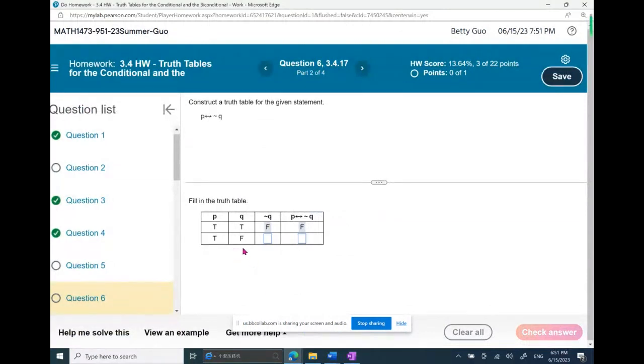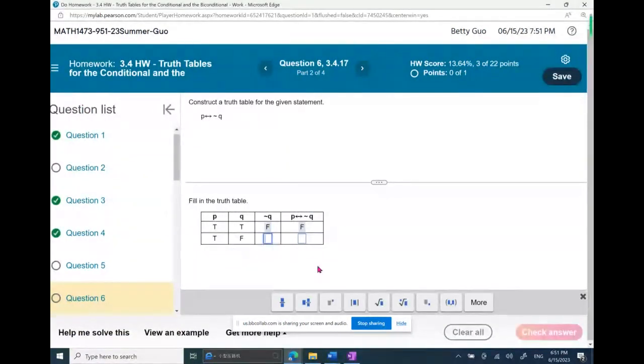Right? So when Q is F, now Q is T. This time, column 1 and column 3, the two components have the same truth values. So yes, the biconditional is true.